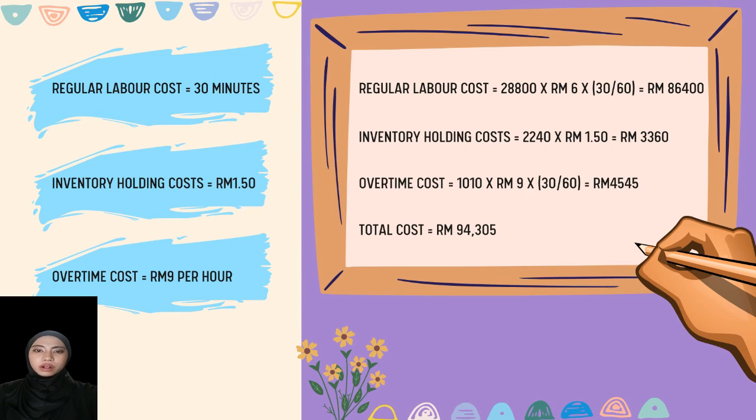Then inventory holding cost, we must find the total of inventory which is 2,240 multiplied with RM 1.50. The answer will be RM 3,360. Next, overtime cost. First, we must find the total of overtime which is 10,010. Then multiply with RM 9, multiplied with 30 divided by 60. And the answer will be 4,545.